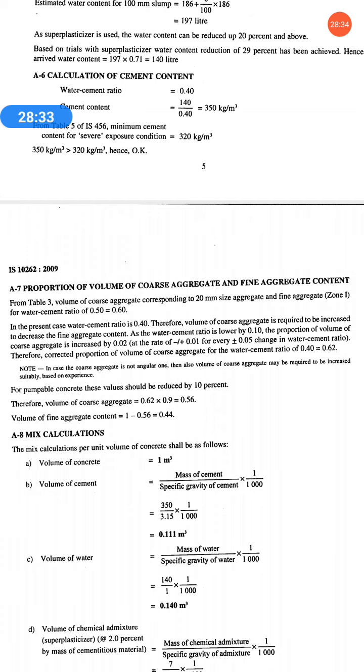So as the water cement ratio is lower by 0.10, the proportion of volume of coarse aggregate is increased by 0.02. This is the most important one. See, if water cement ratio is getting lower, decreasing, okay, so what you have to do is increase the coarse aggregate. And if water cement ratio is increasing then you have to decrease it by 0.01 for every 0.05.